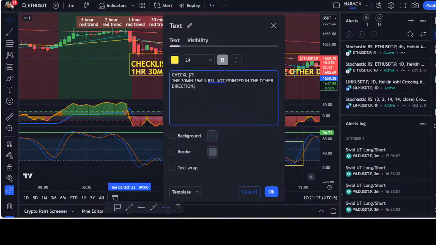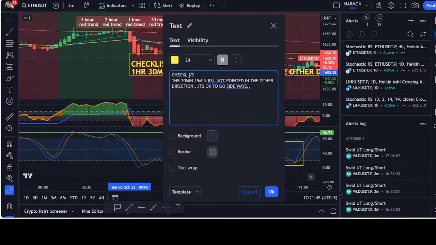What that basically means is if you're going south, then none of those should be pointed north. If you're going north, none of those should be pointing south. I only focus on shorts, so none of my 1 hour, 30-minute, 15-minute RSI should be pointed up. It's okay to go sideways.